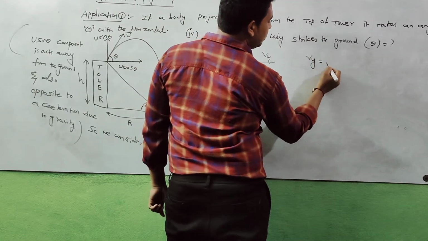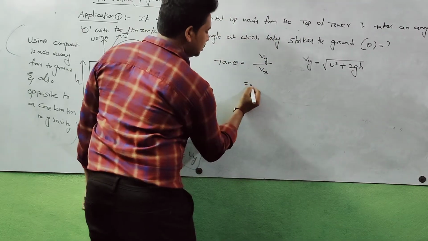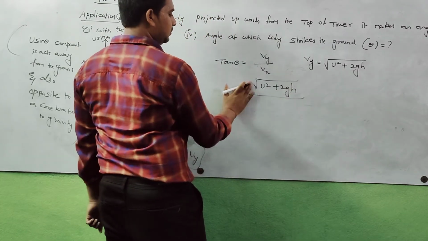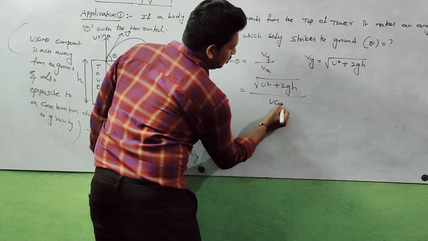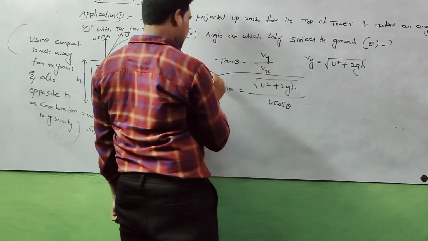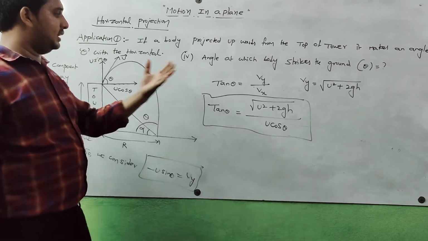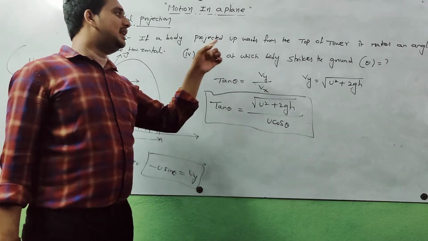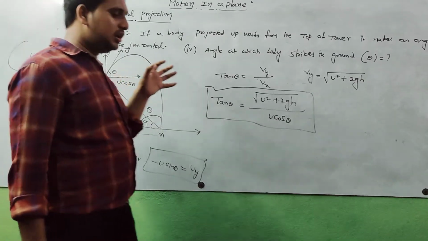Vy means square root of u square plus 2gh, and Vx means u cos theta. So tan theta is equal to square root of u square plus 2gh by u cos theta. This is the angle at which the body strikes the ground. So this is about application 1.